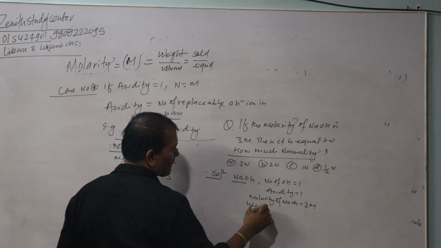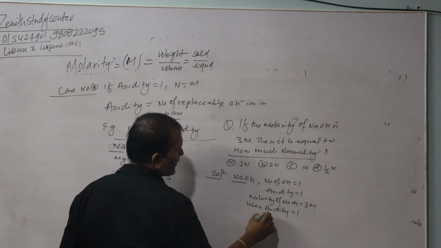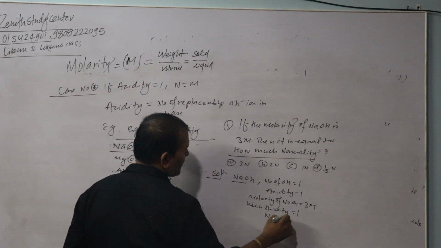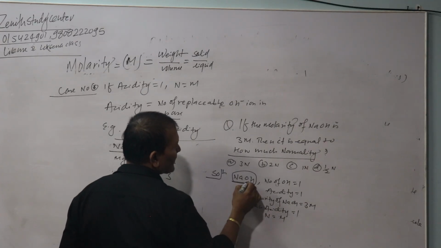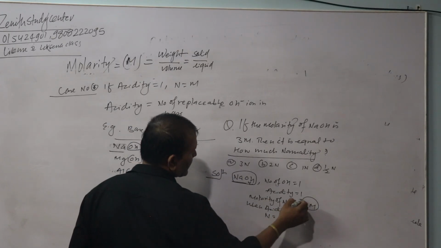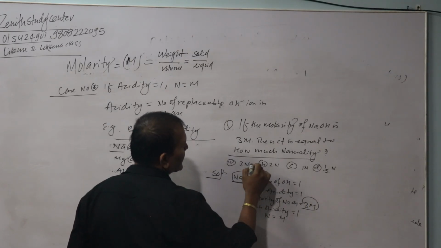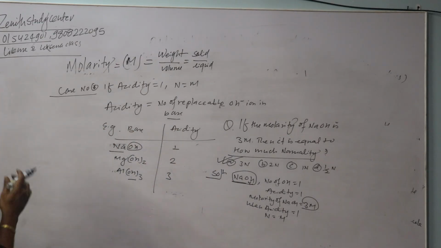When acidity is equal to 1, normality is equal to molarity. That's the reason NaOH has acidity 1. So if it has 3 molar, then it is equivalent to 3 normal.